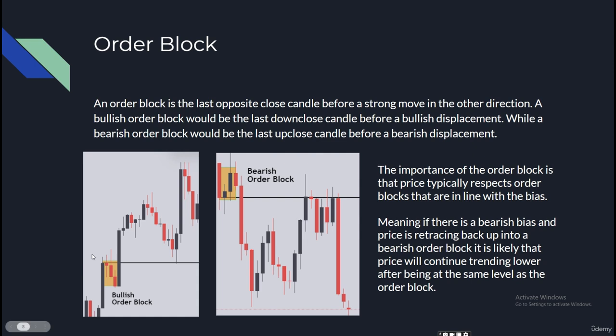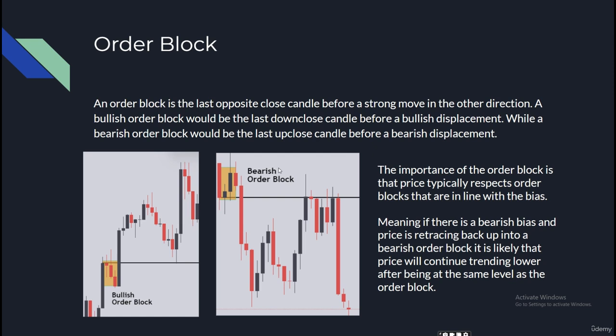And what we see here is that price goes up, comes back down to fill the gap, right? And in this example, our bias is bullish. So price goes up, comes back down to fill the gap. Look at this, exactly at the body of the order block. As I said, the body holds more weight. So price comes down to the body of the order block before quickly going up. So it's showing respect to the bullishness and to the bullish order block.